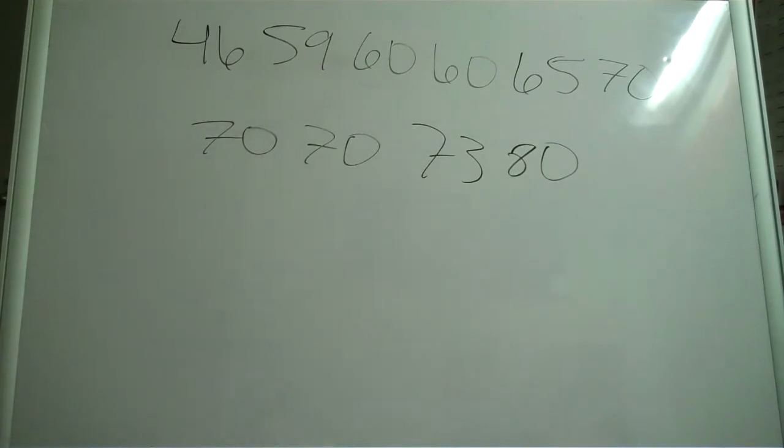We're doing this just because it also asks us for the median, and it'll make everything easier, because to find the median, you basically cross out the ends until you get to the middle number.